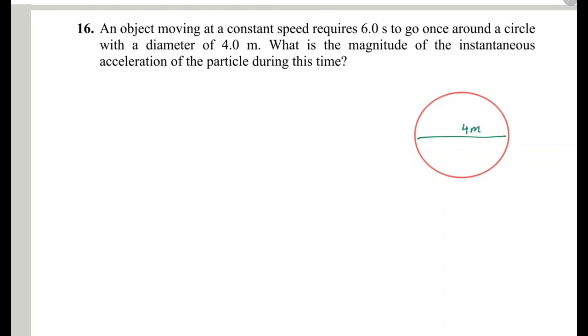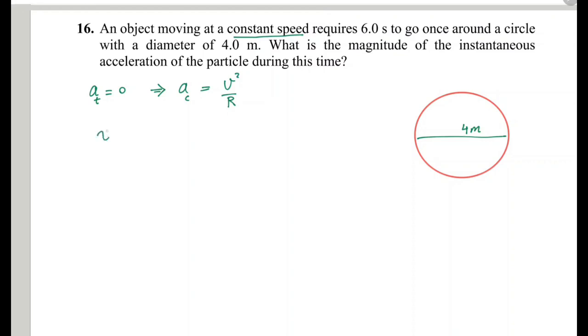Now, since the object is moving with constant speed, the tangential acceleration is equal to 0, and the only acceleration we have is the central or radial acceleration, which is equal to v squared over r.